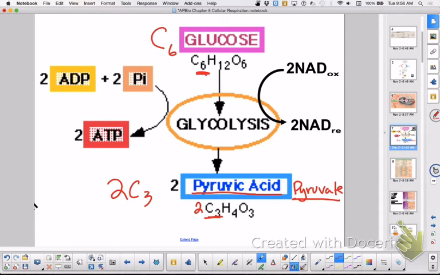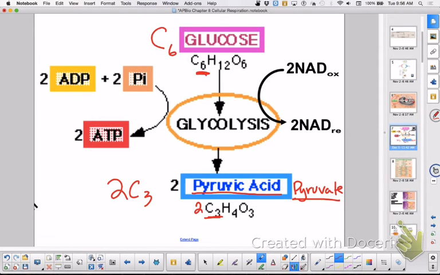Then take this hand right here, and you reduce some NAD, and make some ATP. Then you go like this, 2. Now, why are we doing that? We spent 2, and we walked away with 4, so we netted out 2, and then you go right back here to your pyruvic acid.